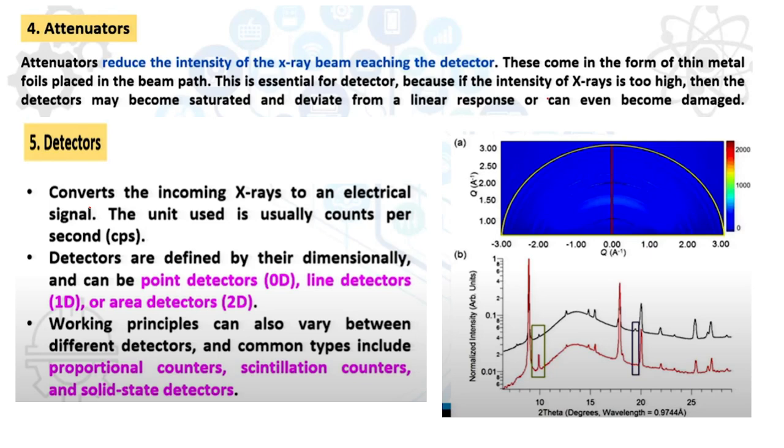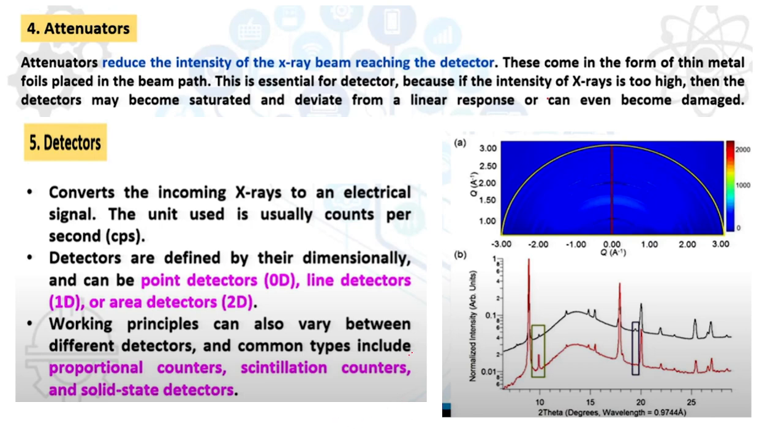That converts the incoming X-ray to an electrical signal, and the unit usually used is counts per second. Detectors are defined by their dimensionality and can be 0D, 1D, or 2D. And the working principle can also vary with different detectors. Common types include proportional counters, scintillation counters, and solid state detectors.